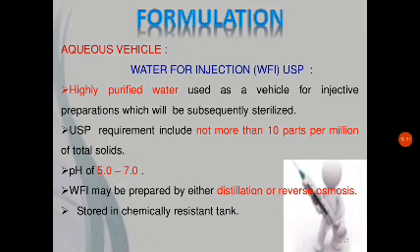Water for injection, WFI USP, is highly purified water used as a vehicle for injection preparations and is subsequently sterilized. It essentially has a pH of 5 to 7, and WFI is prepared either by steam distillation or reverse osmosis.